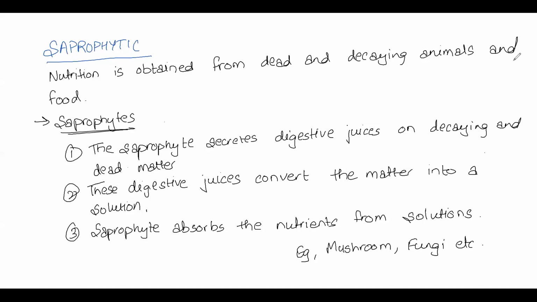So you cannot say all bacteria are saprophytic, and I'll tell you the examples also for a saprophytic bacteria. When talking about bacteria, it is not a single organism. Okay, keep that in mind.